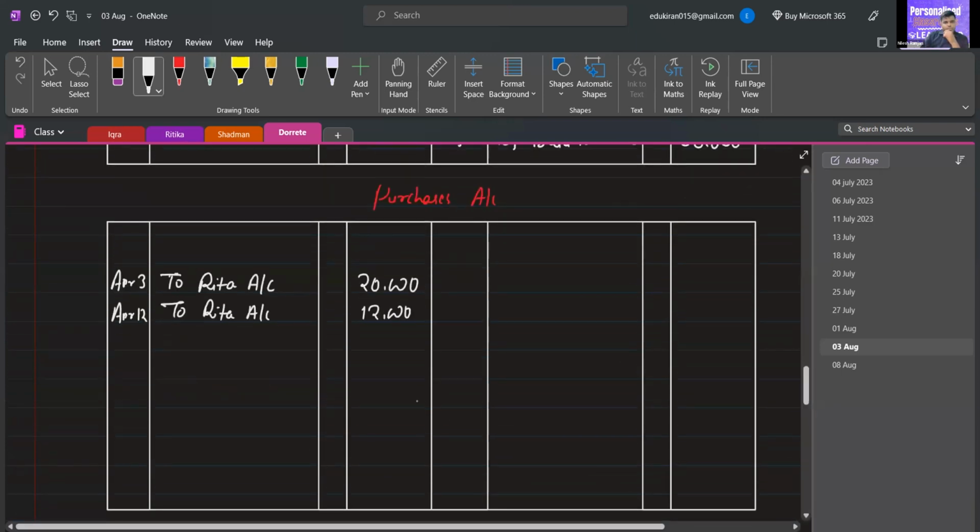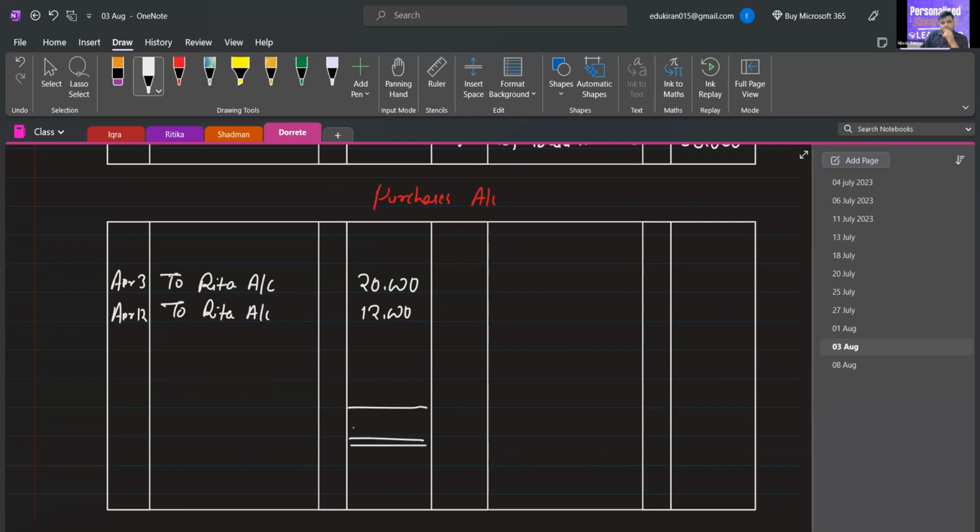The next account is purchase account. On the debit side, the only entry is on the debit side, so 32,000 total. Yes, sir.